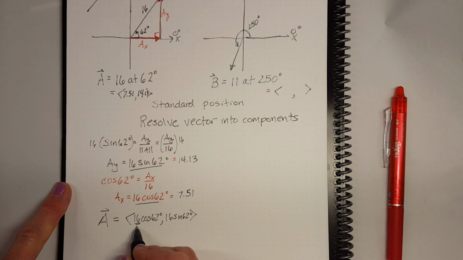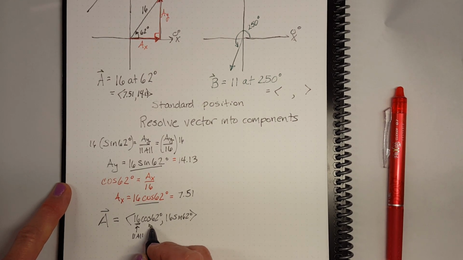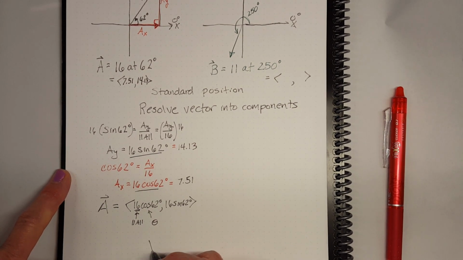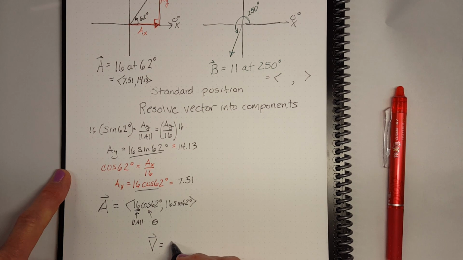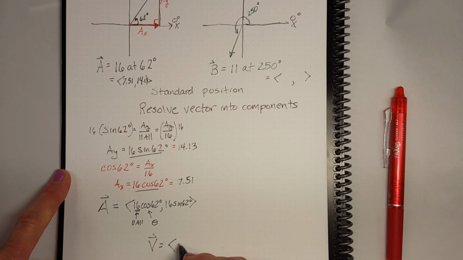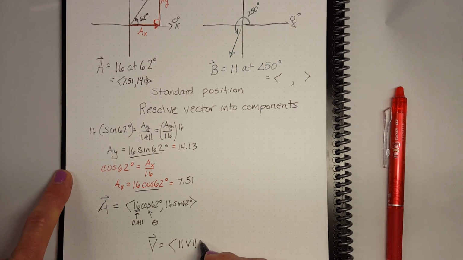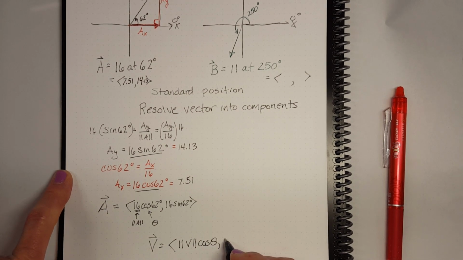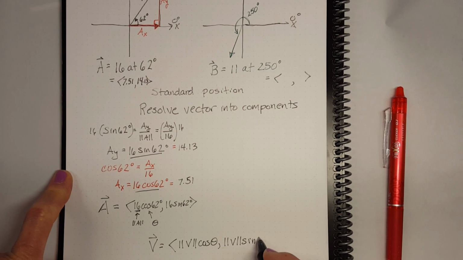Since we know that that's the magnitude of the vector, and that's the angle of the vector, any vector can be written in component form as the magnitude of vector v times the cosine of the angle, and the magnitude of vector v times the sine of the angle.